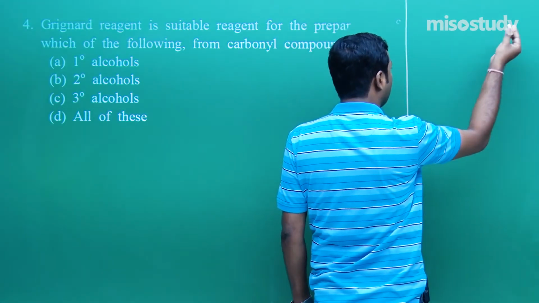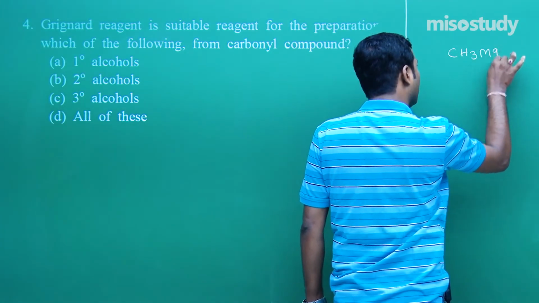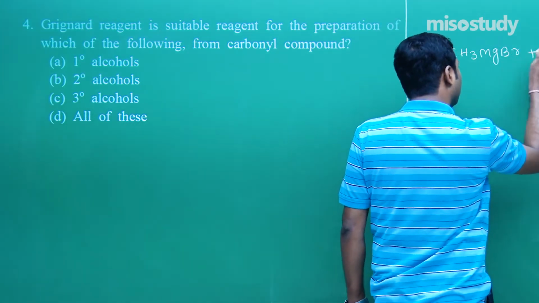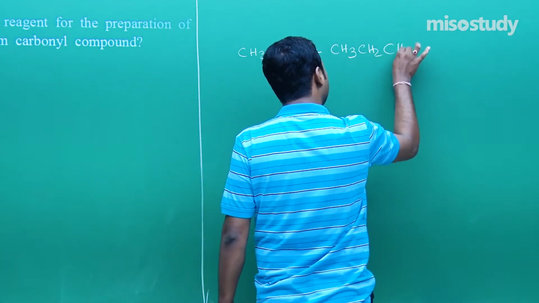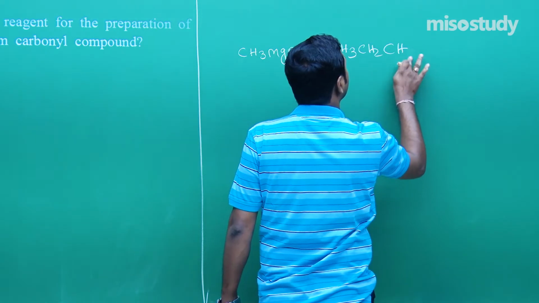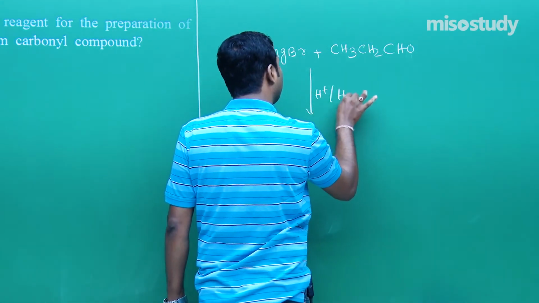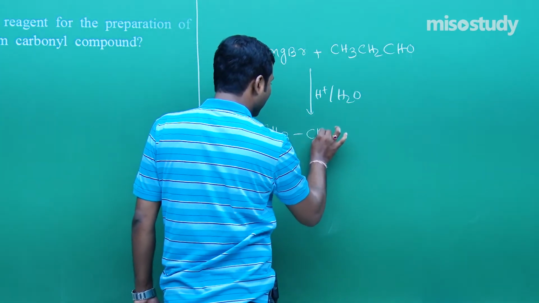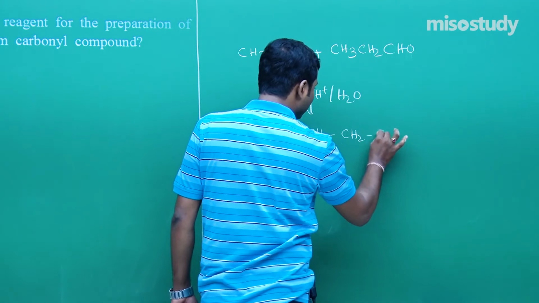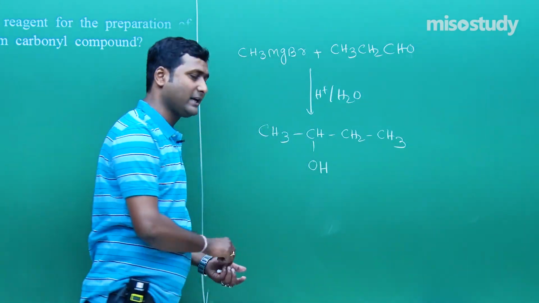If I write Grignard reagent like CH3MgBr, then put here CH3CH2CHO. Clear to you? Then what will happen in this case? There is a formation of CH3CH(OH)CH2CH3. Formation of 2 degree alcohol takes place.